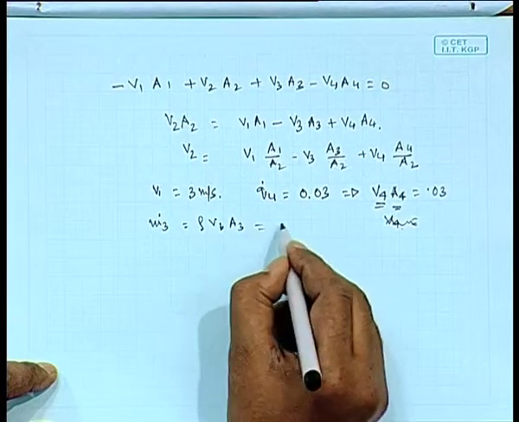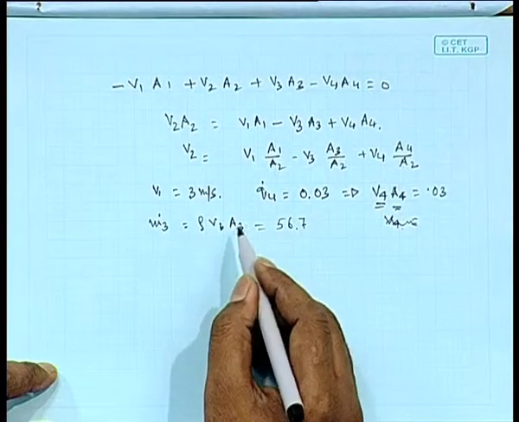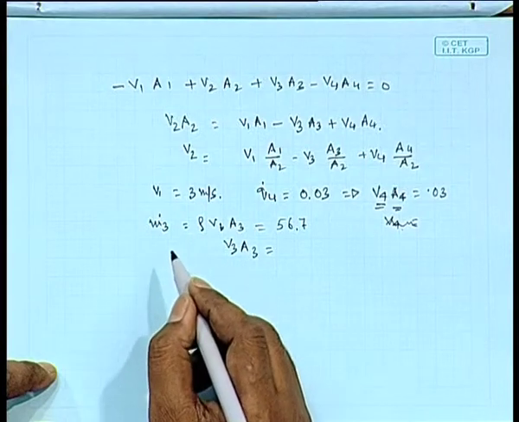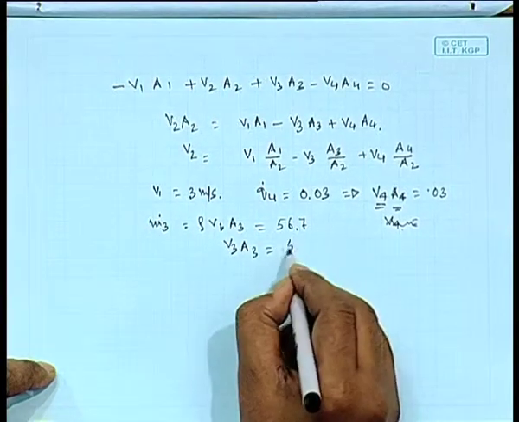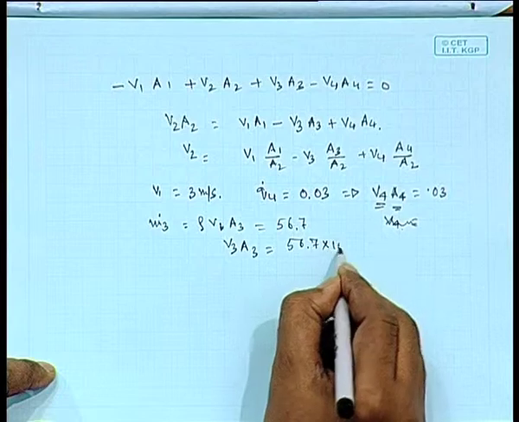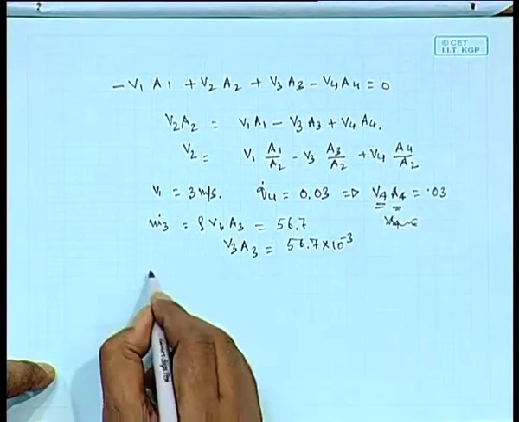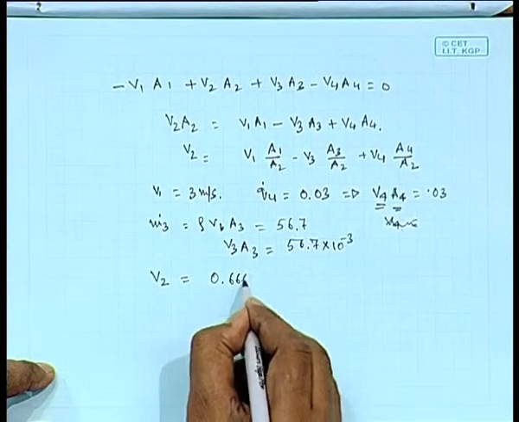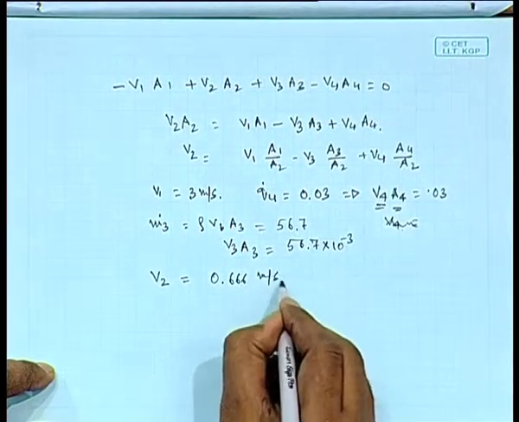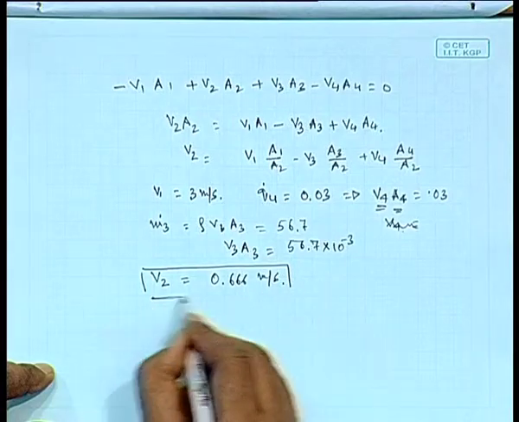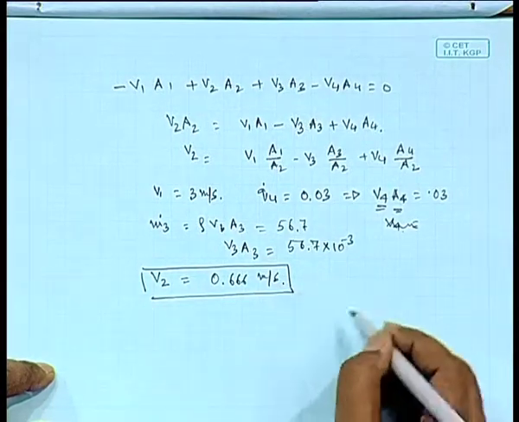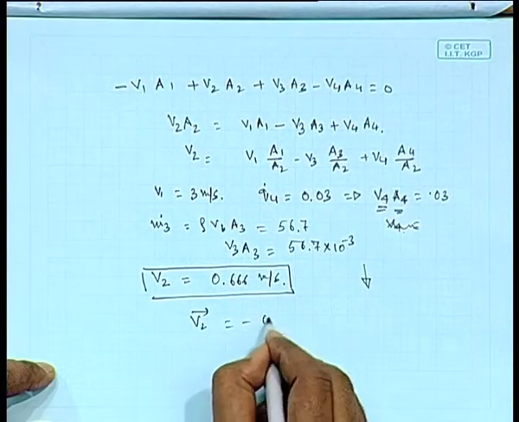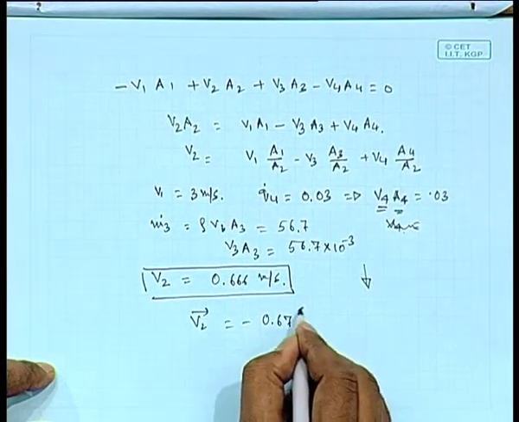This is 56.7, and you can find V3 A3 taking rho as 1000 kg per meter cube for water. So, it comes out to be 56.7 into 10 to the minus 3, and substituting the values, V2 comes out to be 0.666 meter per second. And of course, since it is in the downward direction, in vector notation V2 will be minus 0.67 j meter per second.